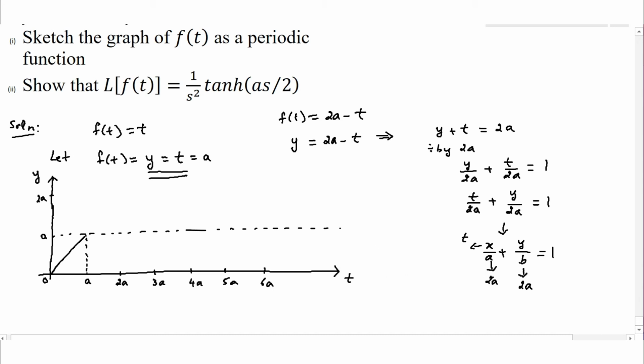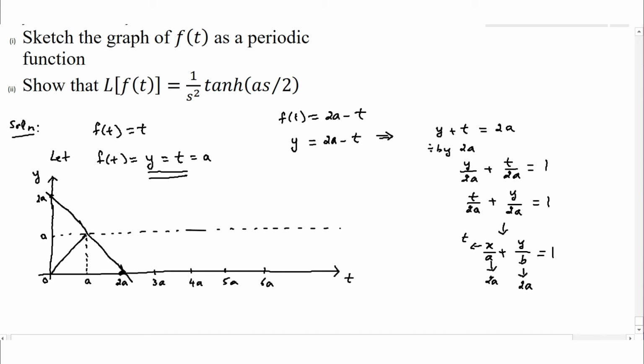So what is your x-intercept, or t-intercept? The t-intercept is over here. This is one point you have. Another point is the y-intercept, which is 2a. So I need to just draw the straight line over here, passing through this 2a.